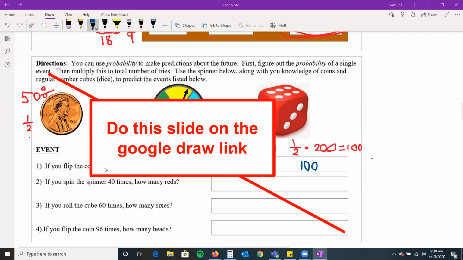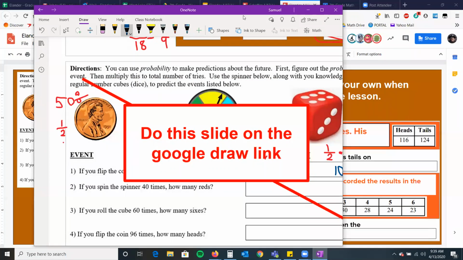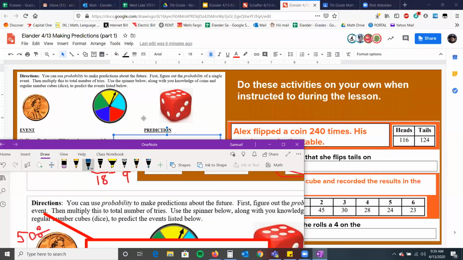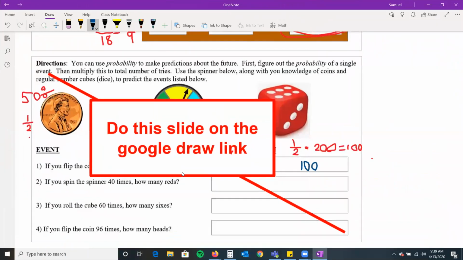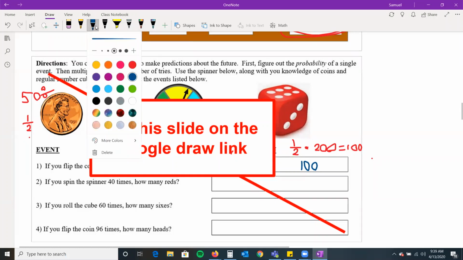And we're just going to be talking through this. So the second event says if you spin the spinner 40 times, how many reds? I'm using this draw file. So let's say there's 1, 2, 3, 4, 5 sections, right? It says, what's the probability that if you spin it 40 times, how many reds will there be?